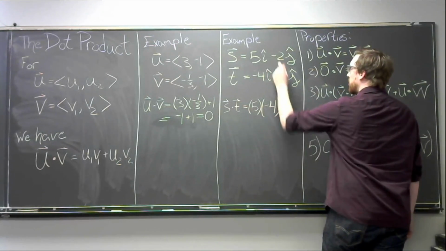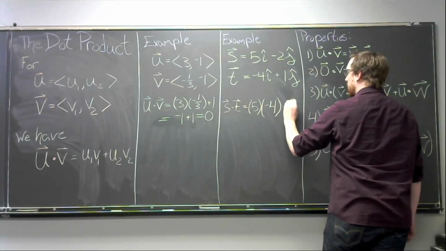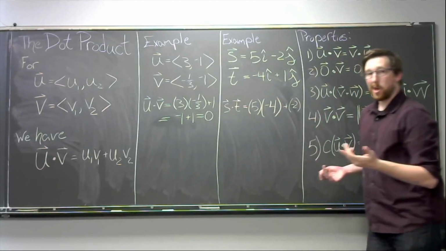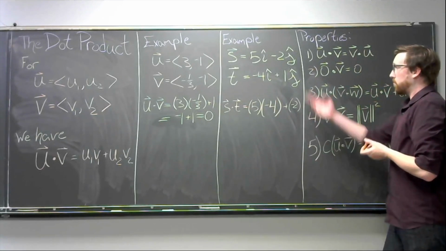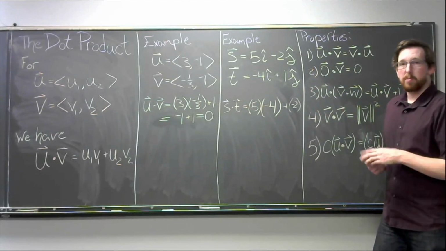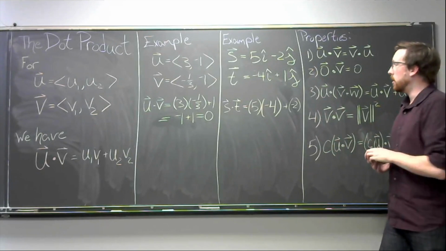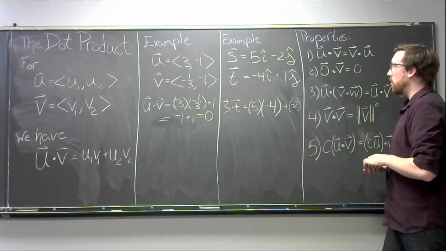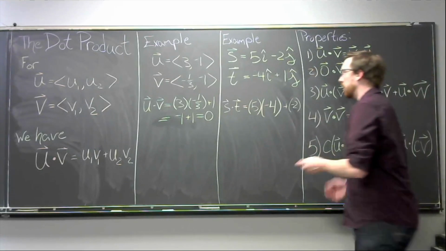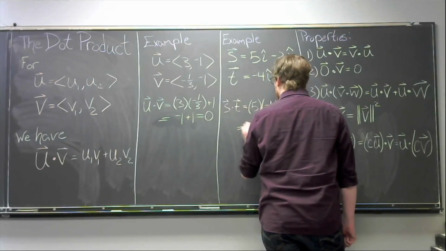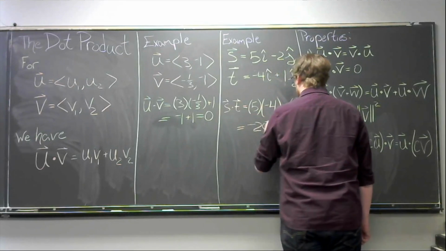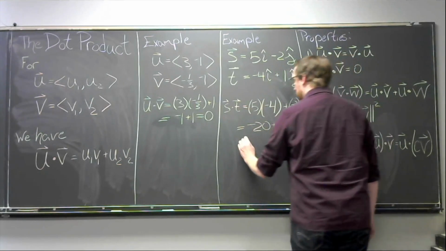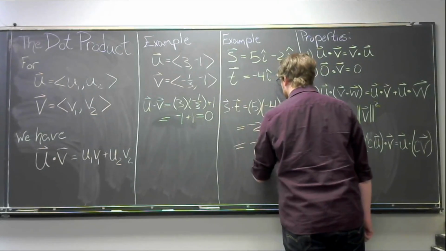The component in the y direction is negative 2 times the other component in the y direction. That's 1. So just go ahead and not worry about it, because anything times 1 is itself. So what we're left with is 5 times negative 4 plus negative 2. So this is going to come out to be negative 20 plus negative 2, which is equal to negative 22.